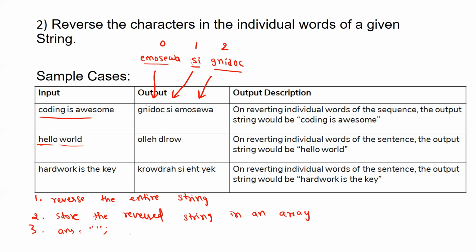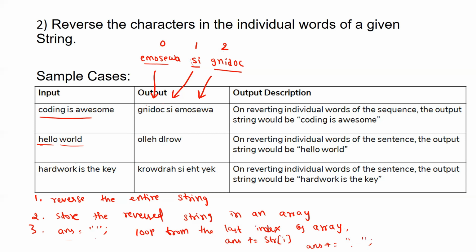So basically, we first initialize answer as a null string and then loop from the last element, or last index, of the array. Then we do answer plus equals str of i, and then answer plus equals a space.